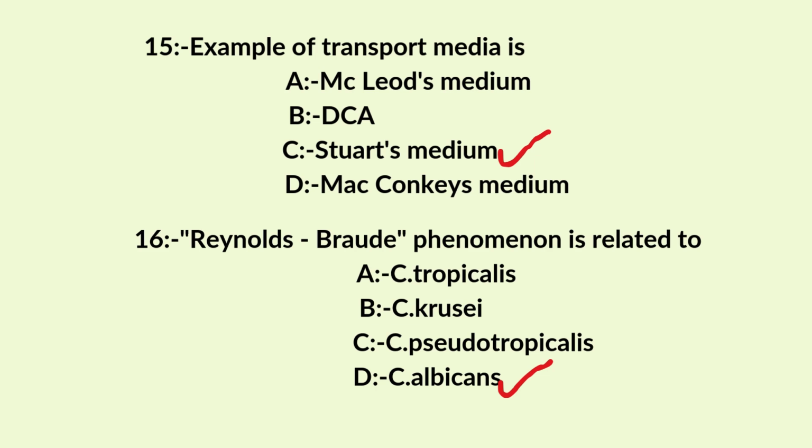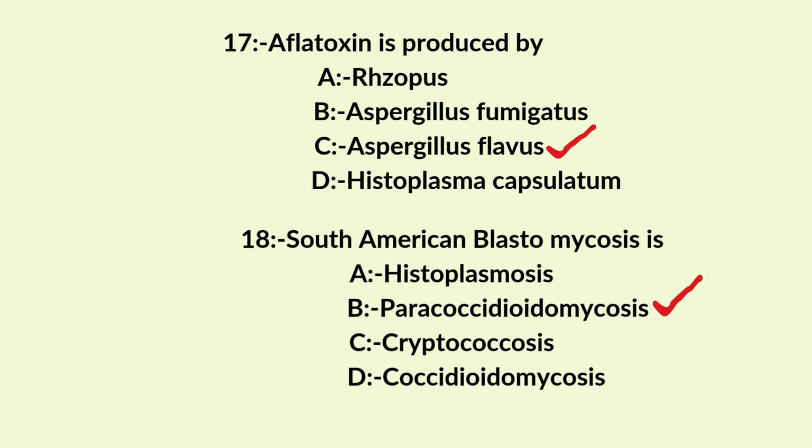Candida albicans gives a positive Reynolds-Braude phenomenon. Next one, aflatoxin is produced by, options: Rhizopus, Aspergillus fumigatus, Aspergillus flavus, Histoplasma capsulatum. Answer is Aspergillus flavus.